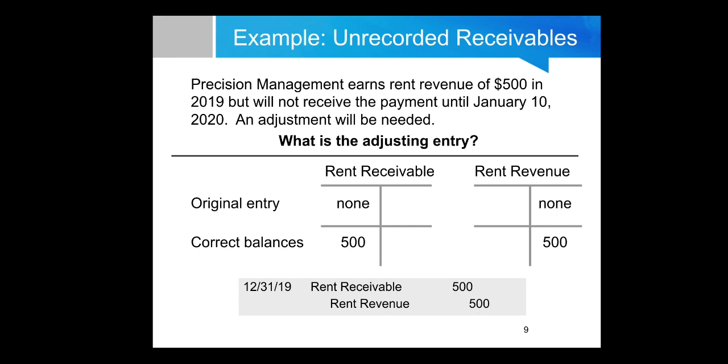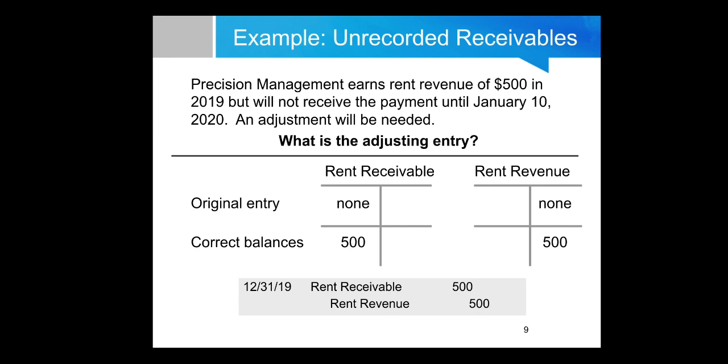So the 500 that will be received in year 2020 is an asset. In accounting, we call it receivable. So for this adjusted entry, you have to debit account rent receivable.